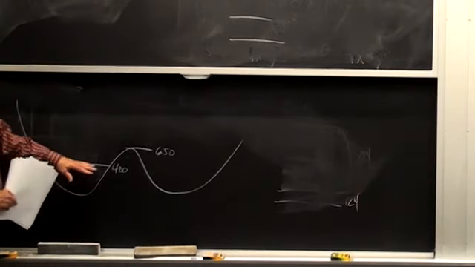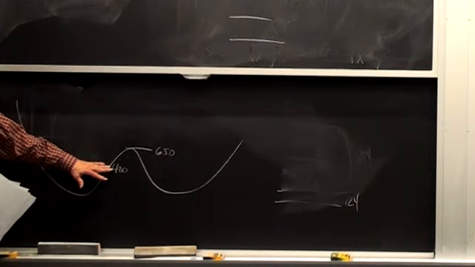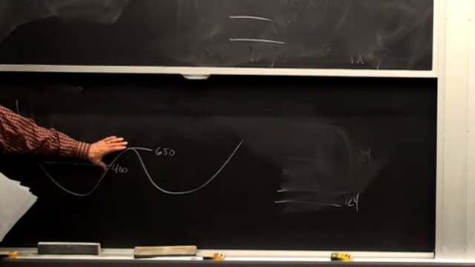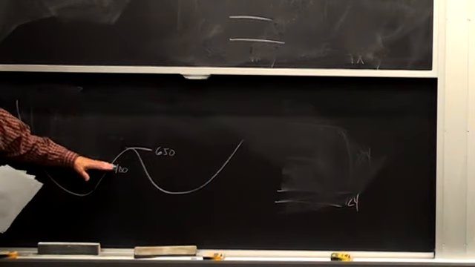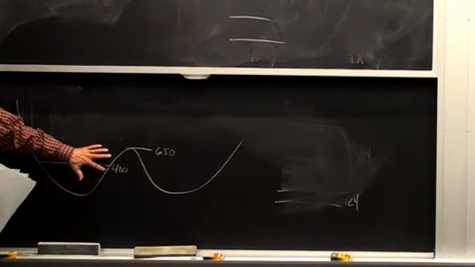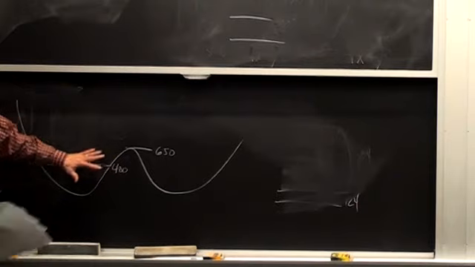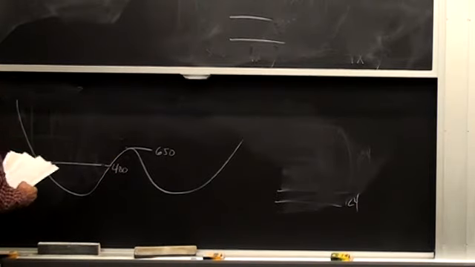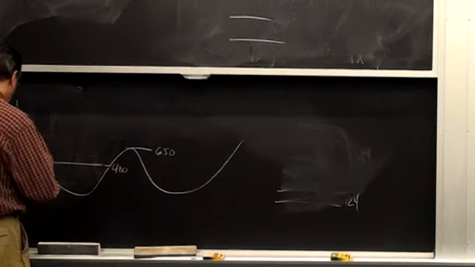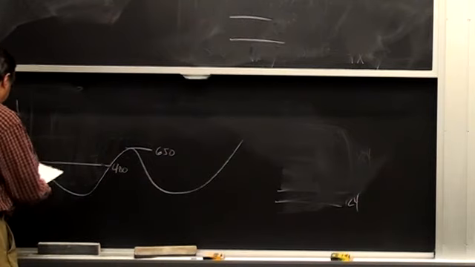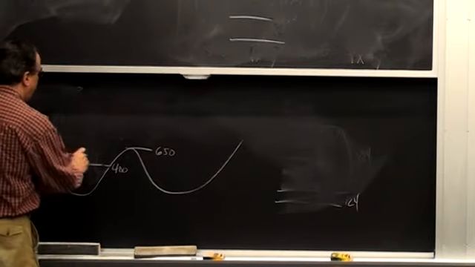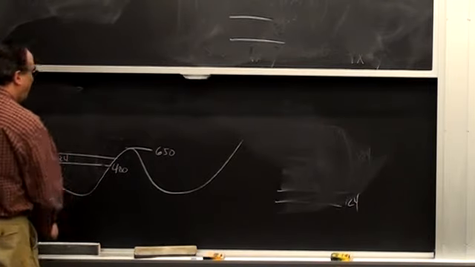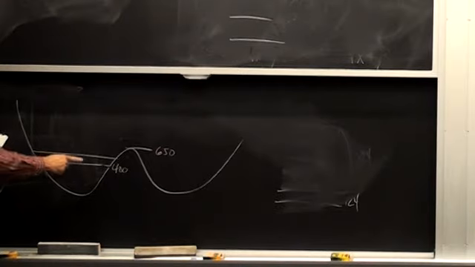So the lowest level is very, very close to the top of the barrier. And that explains why the splitting is quite large as far as barrier penetration is concerned. So the first splitting is 124, and we're still below the top.